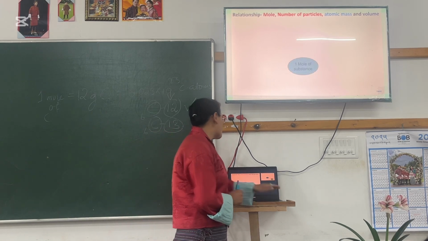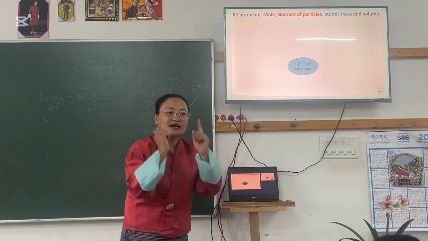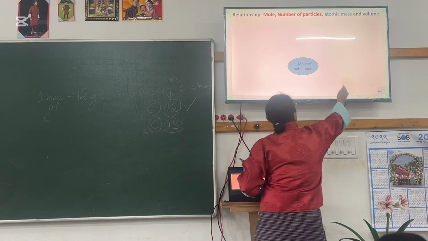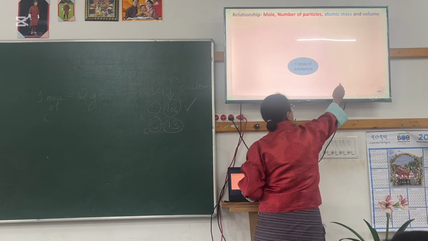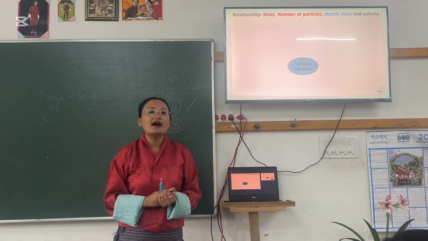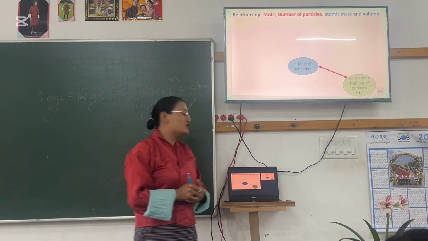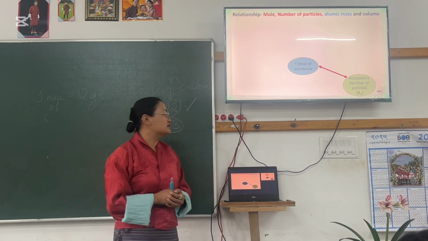Let us start with 1 mole of substance. In terms of number of particles, how much is it? 1 mole of any substance will contain how many particles? Yes, Avogadro's number of particles.